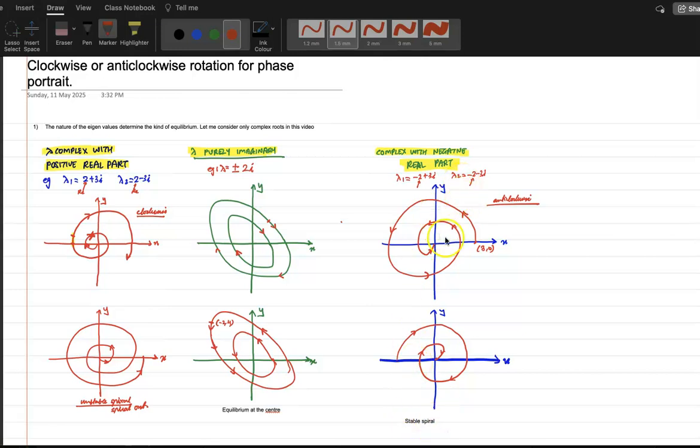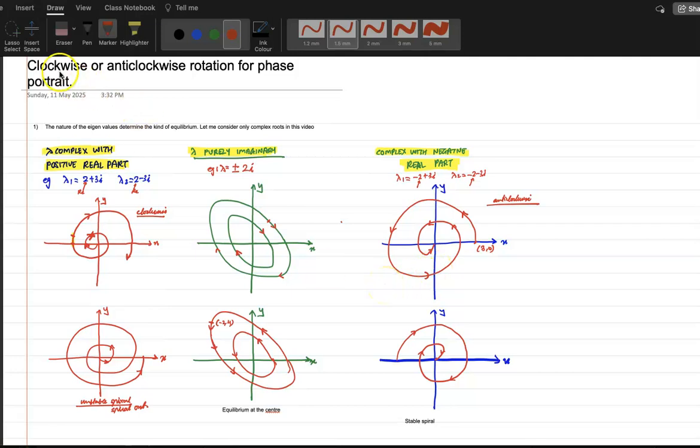So it's a stable spiral. Means in the long term, dx by dt and dy by dt will approach 0. That's what it means. So if you're looking at population, the population of the two species will become 0 as time elapses. That's the whole logic.